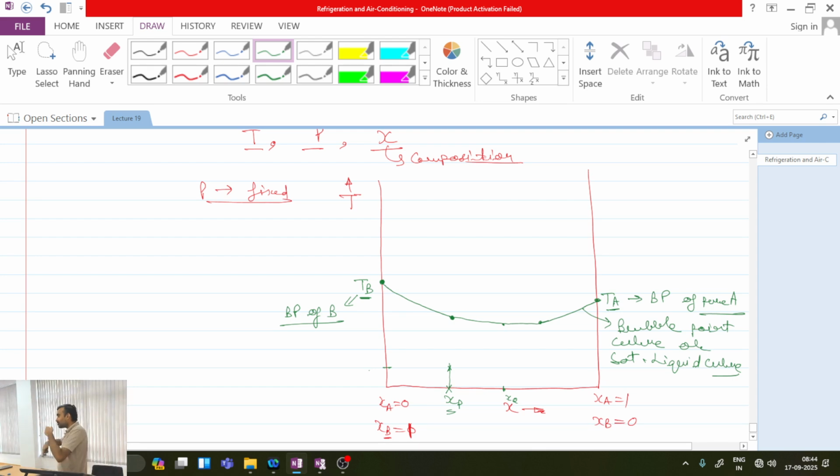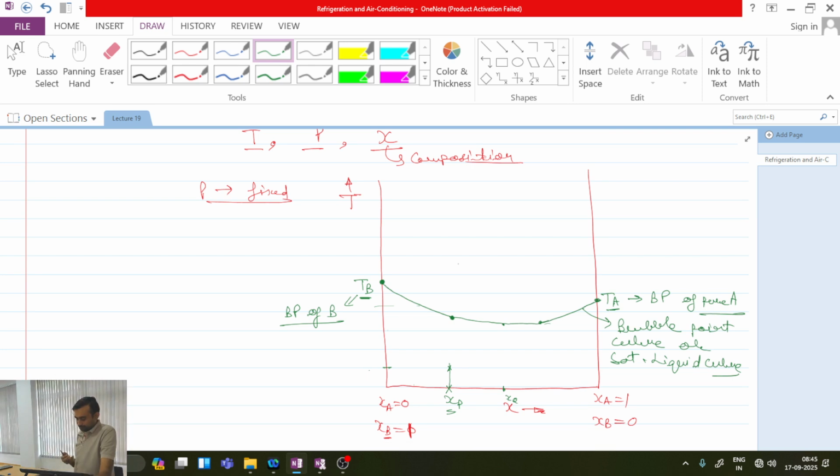I am having a mixture of A and B. So when I have a mixture of A and B, its boiling point can be more or less anything, because I have a mixture now. Is this one clear? So that is why this represents nothing but the start of boiling at any composition, if I have a mixture in any composition. Is this point clear? All of you agree to this point?